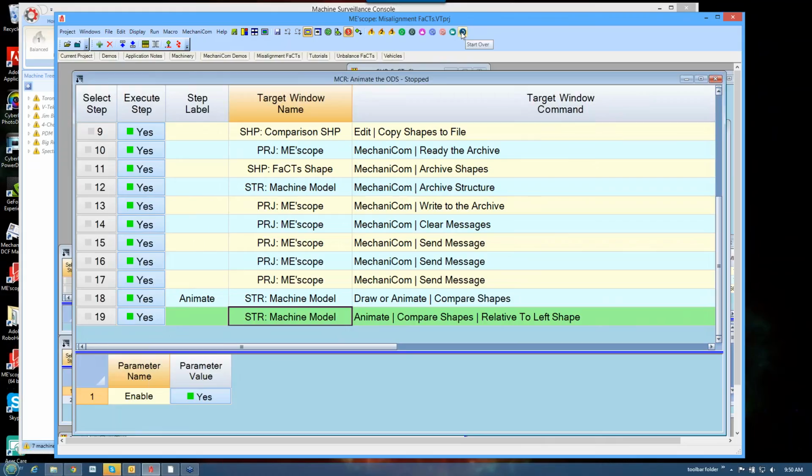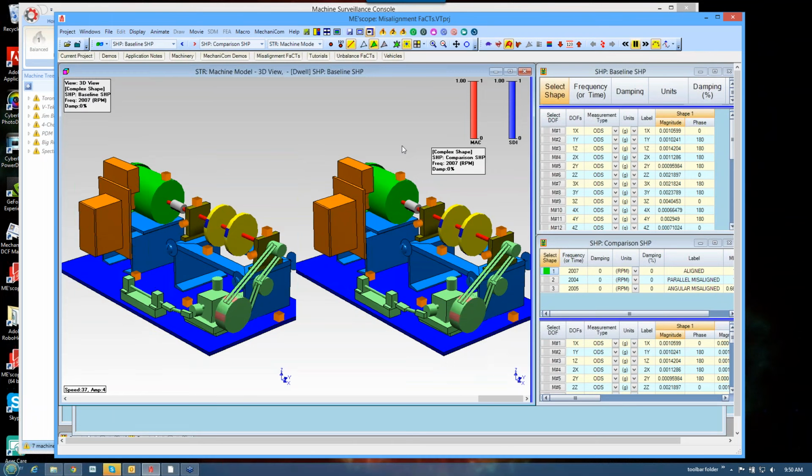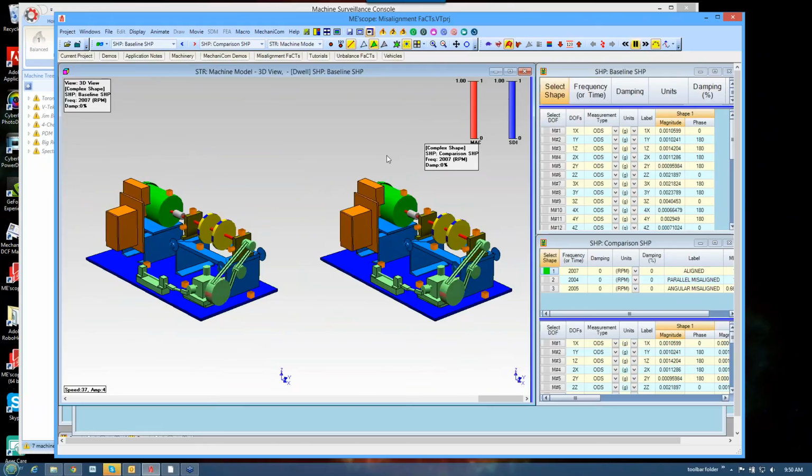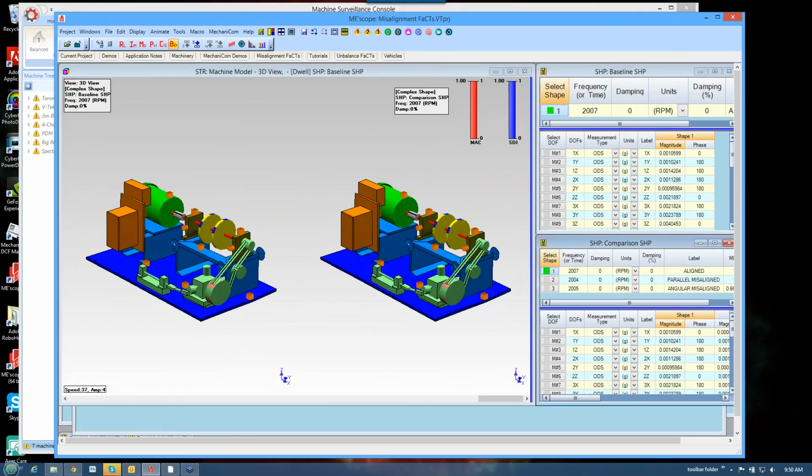Let me push the button here and we'll just restart, and we'll walk through these various cases in Emiscope. So here we are. If I look over here in these shape tables, I can see what's actually animating in the two shape tables. The one above is the baseline.